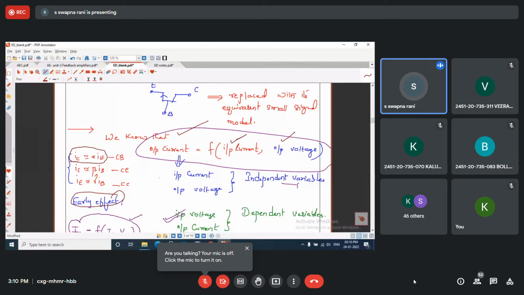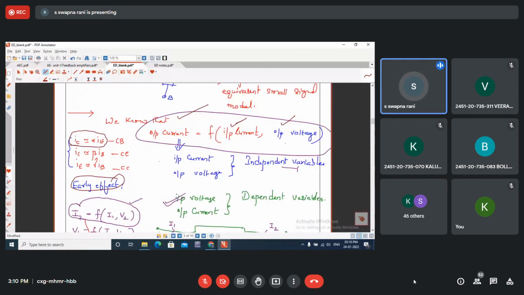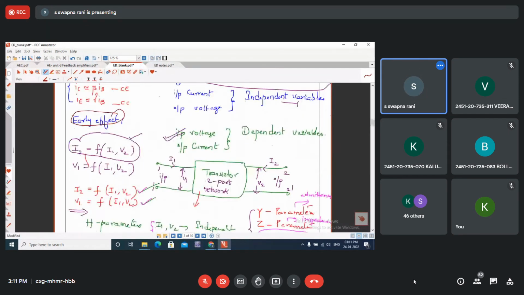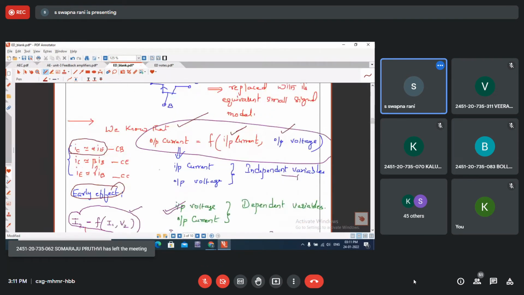If you remember that output current depends on input current and output voltage, that is sufficient to identify the two independent variables: I1 and V2.